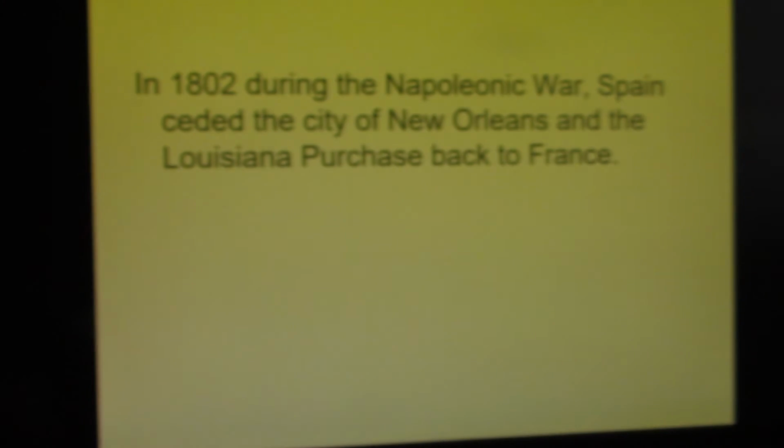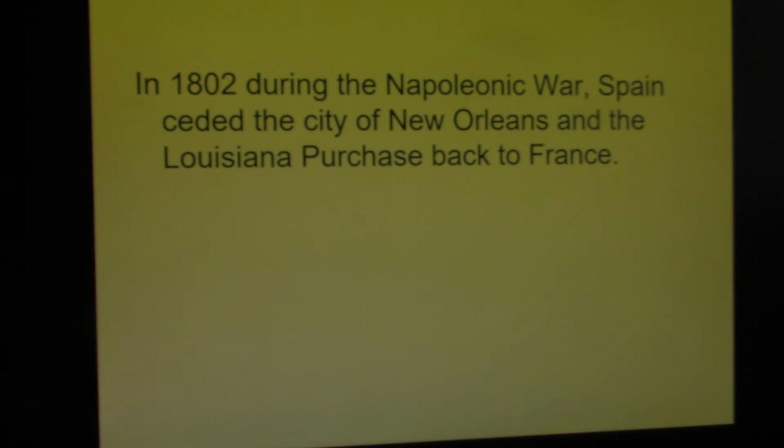In 1802, the Napoleonic Wars were being fought in Europe. Now, in the Napoleonic Wars, Emperor Napoleon is going to invade Spain, and Spain is going to be taken over by Napoleon's brother.